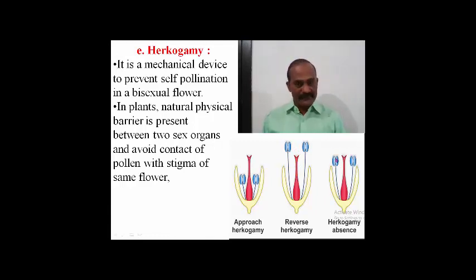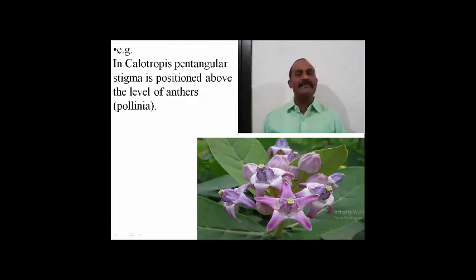And when hercogamy is absent, both androecium and gynoecium are placed at the same level. If hercogamy is absent, self-pollination will result, but reverse hercogamy or approach hercogamy will definitely support cross-pollination. We can have a common example in the form of the Calotropis plant, a very common plant.